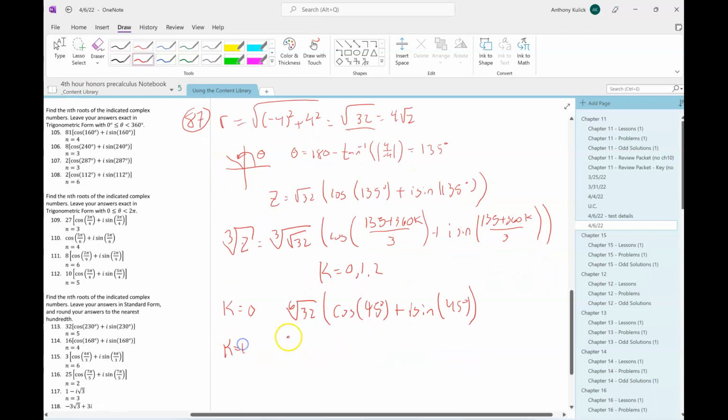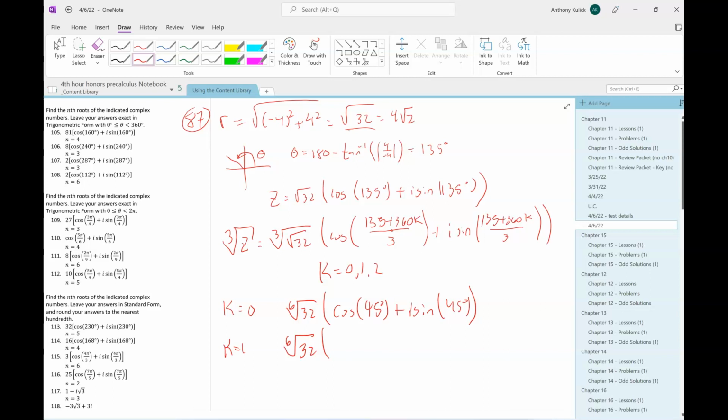Okay, with k equals 1. And I'll do the conversion here all at the end. I have 135 plus 360, so that's 495. I divide that by 3, and that's something, 165.